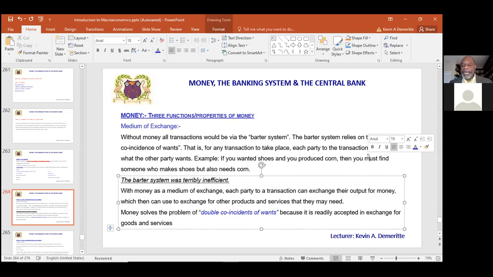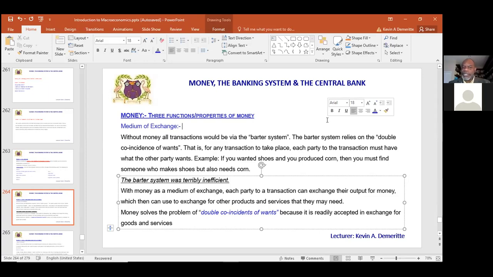So if we all agree to convert our products to money, whatever we're calling money, and then use that common thing that we're calling money to trade for everything that we want, then it solves the inefficiency of the barter system. Right? Money solves the problem of the double coincidence of wants because money is readily acceptable in exchange for goods and services.